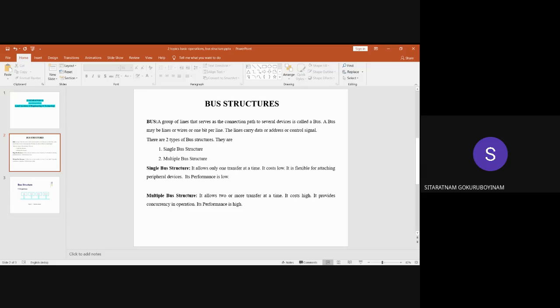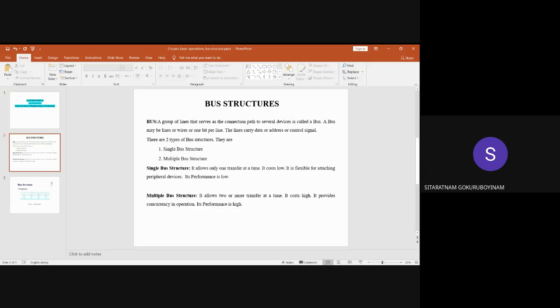Using this communication path, we transfer data from one unit to another, like keyboard to processor, processor to main memory, or main memory to output unit. So that is the purpose or advantage of a bus.